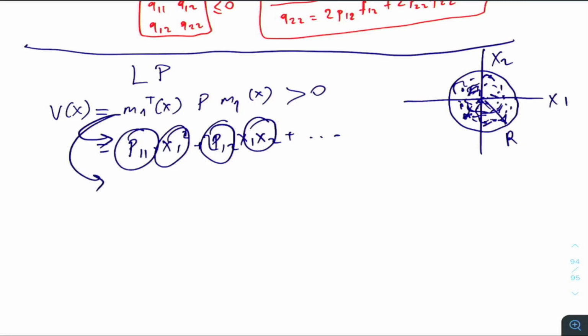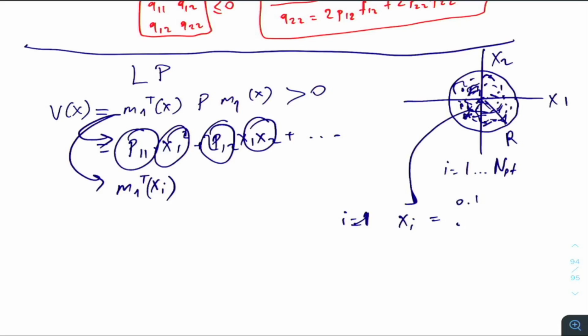After that, people write like this: m1 of xi, because, for example, i will be from 1 to n points, maybe 1000. And you are just going to get some xi, for example with i equals 1, xi will be like 0.1, 0.3. This is what I'm talking about.